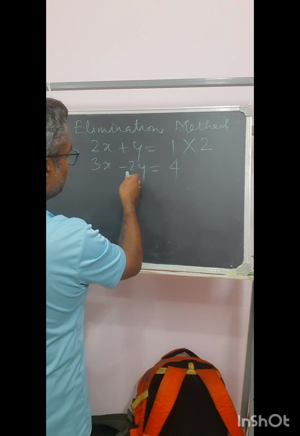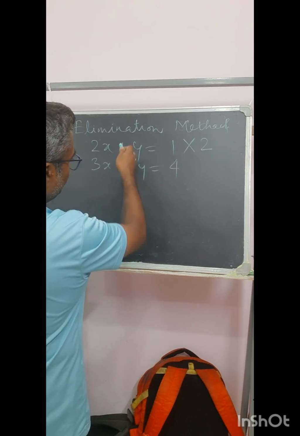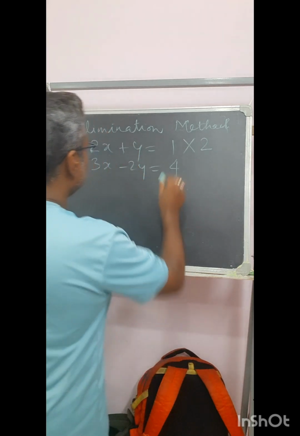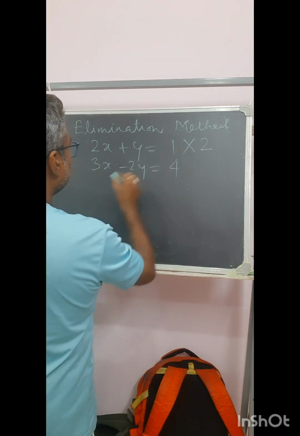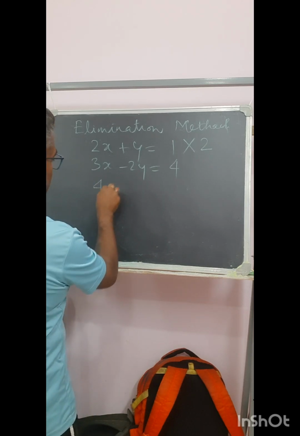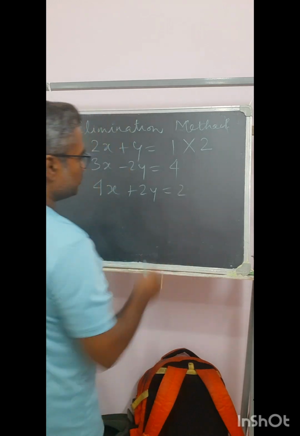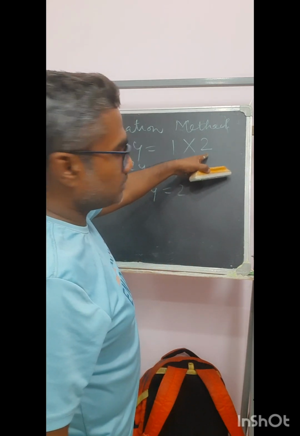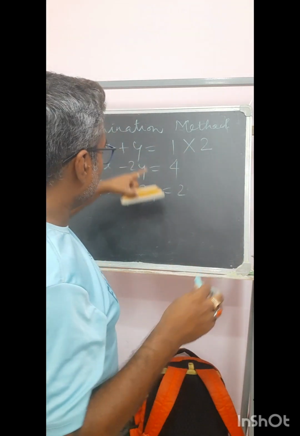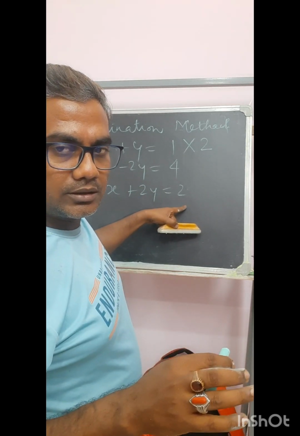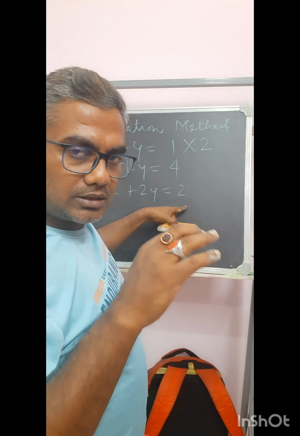Once it is equalized, with the plus or minus between these two, I can eliminate y. So once I multiply, the equation becomes 4x plus 2y is equal to 2. And one more thing, when you multiply by some number on both sides, the equation doesn't change its characteristic. It will be the same as earlier.